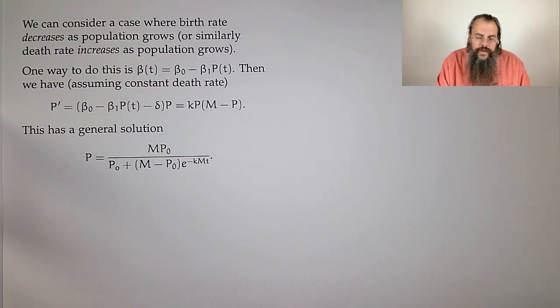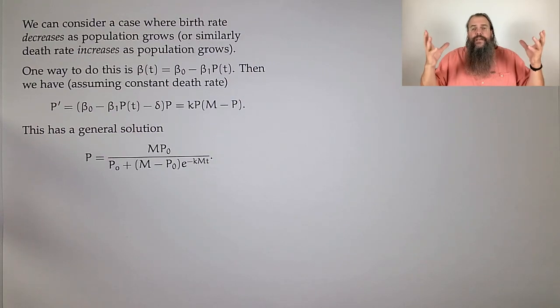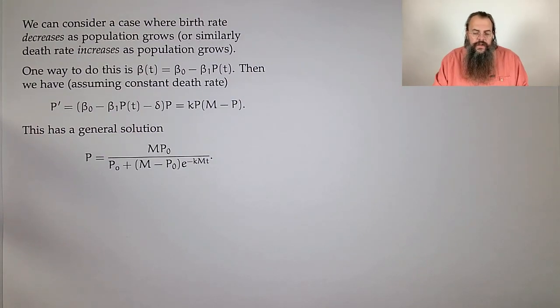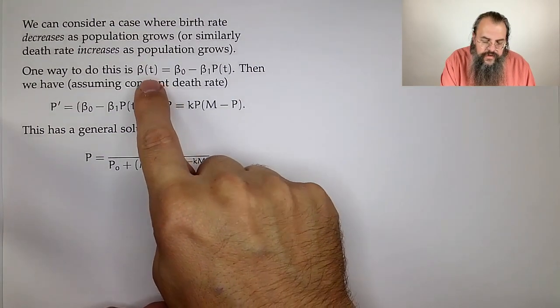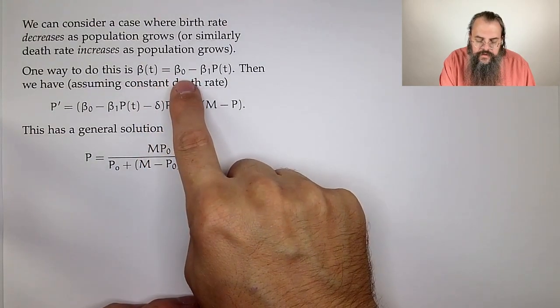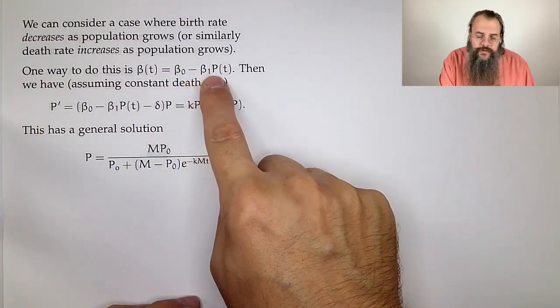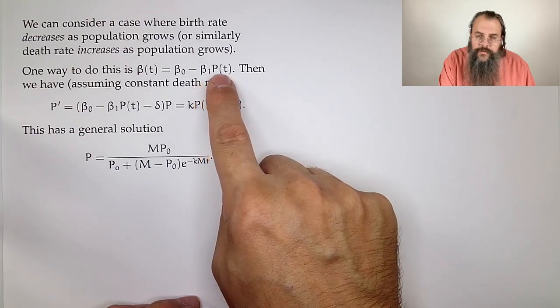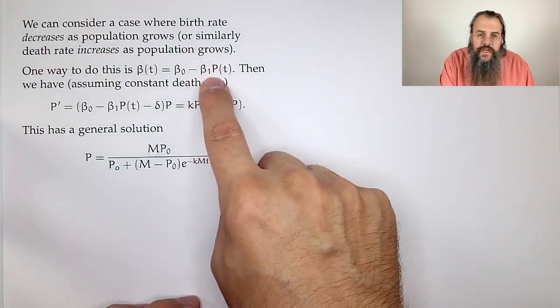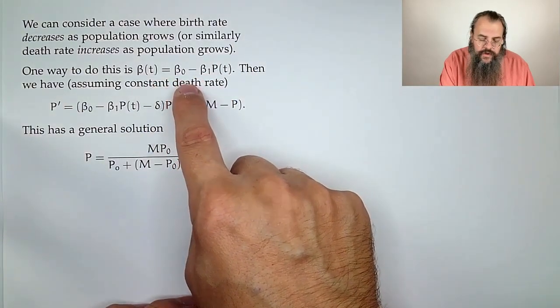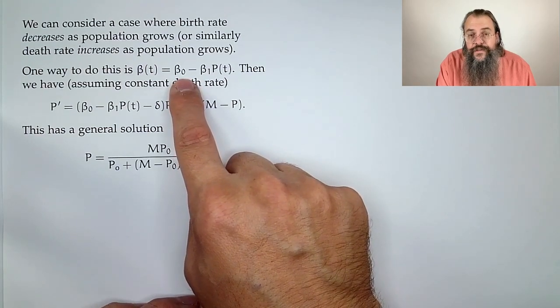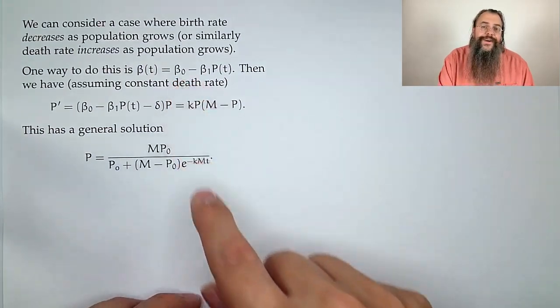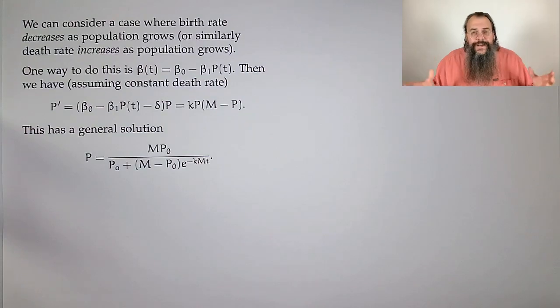So we say, okay, as our population gets big, birth rate gets smaller. So one way we can write that is, there's some sort of natural birth rate, but subtract something times the population. So as population gets big, the birth rate gets small. Then what happens?